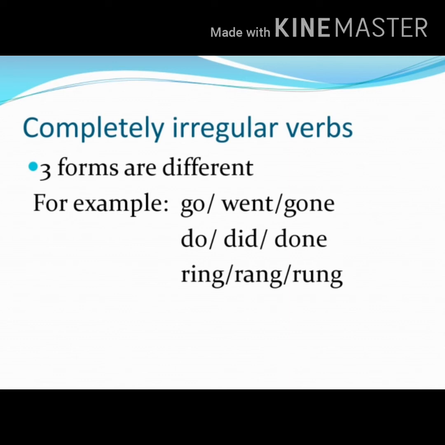Then another verb is do or does. The past form is did and the past participle form is done. The third example is ring. The past form is rang and the past participle form is rung. We can see these three verbs are entirely different from each other: present, past, and past participle.